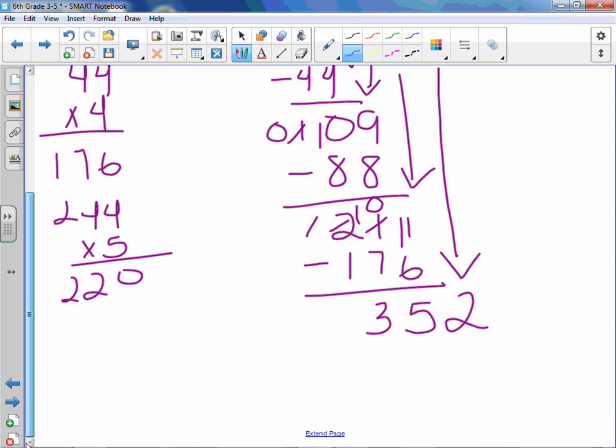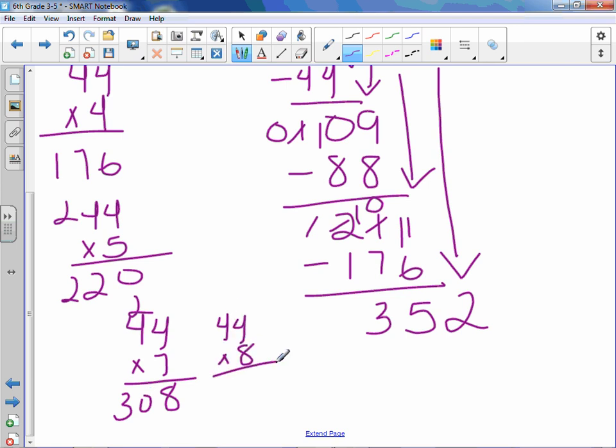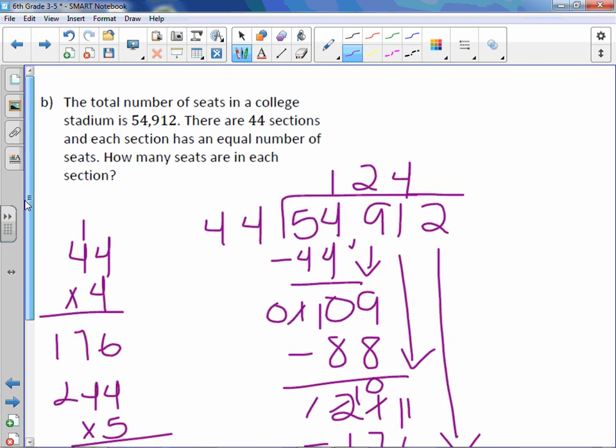352. Well, I know it's more than 5. Let's try maybe 7. 28. 308. Okay, let's try 8. 32. 32 plus 3 is 35 exactly, which was 8 times.